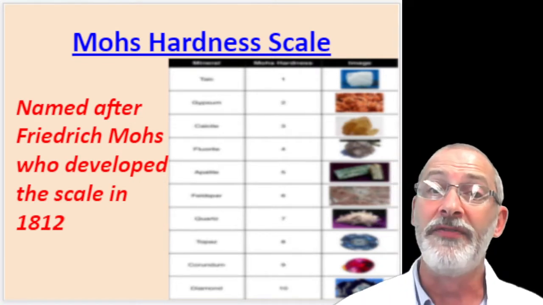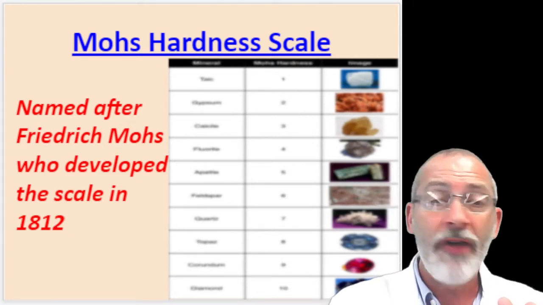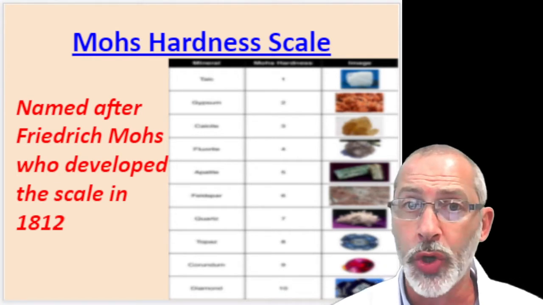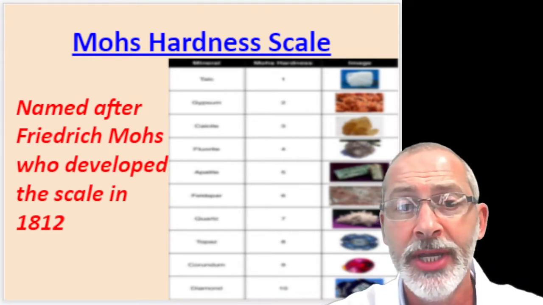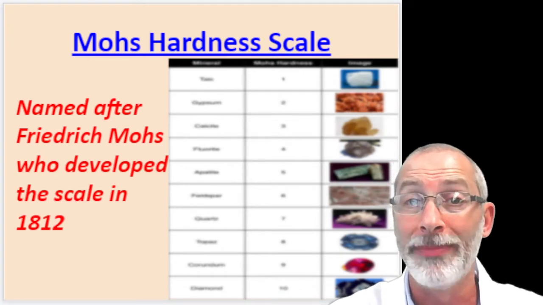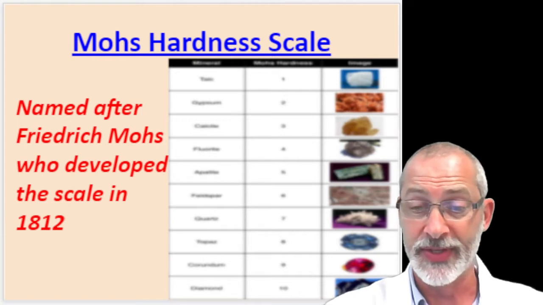And he developed this system of the softest mineral to the hardest mineral. And he chose 10 different minerals that he felt were common enough that people would be able to obtain them, geologists in particular, in order to base this scale on.